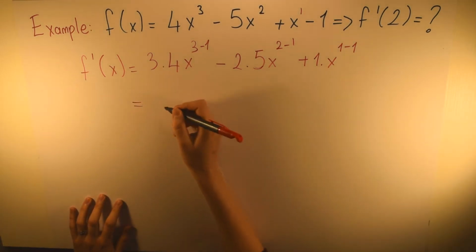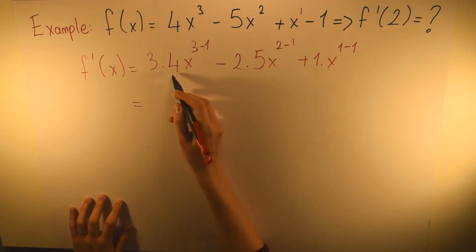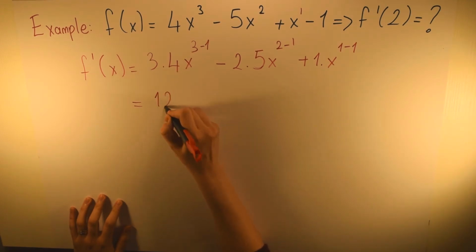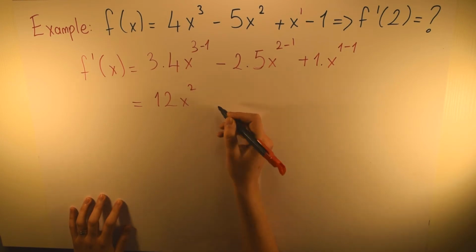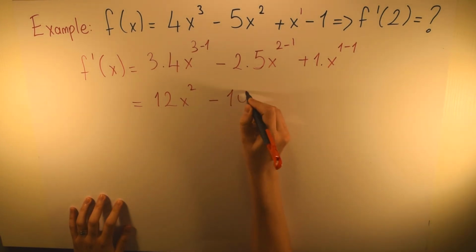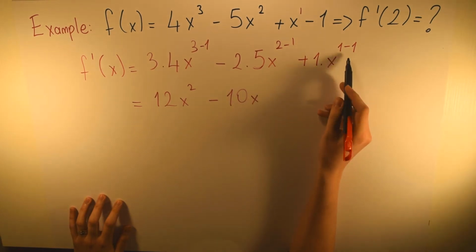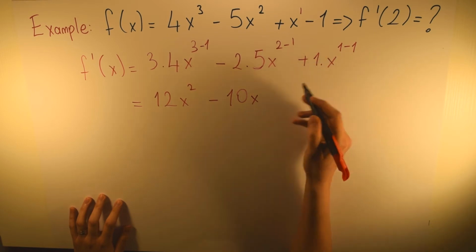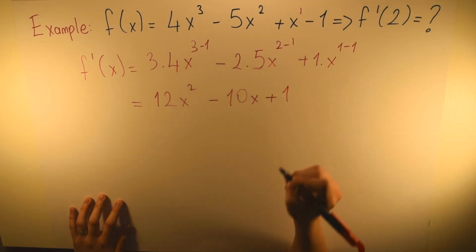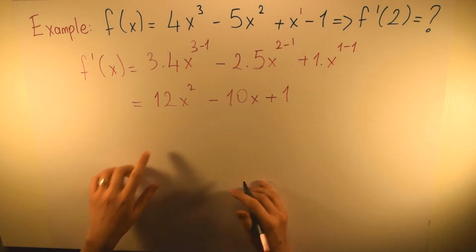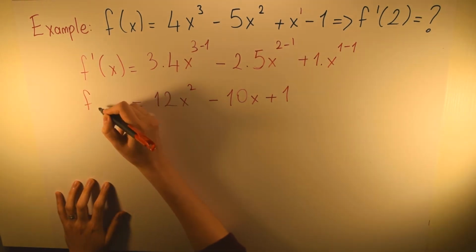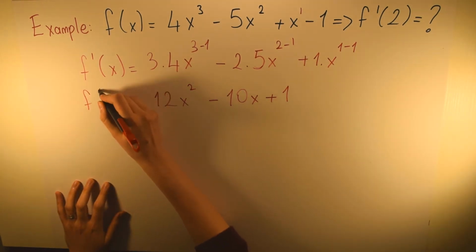So let's continue. Here we have 3 times 4, it's 12, so it's 12x squared minus 10x plus, this is x to the power of 0, x to the power of 0 is equal to 1, right? That's why it's 1 times 1, it's equal to plus 1. So now we found the derivative of f of x.